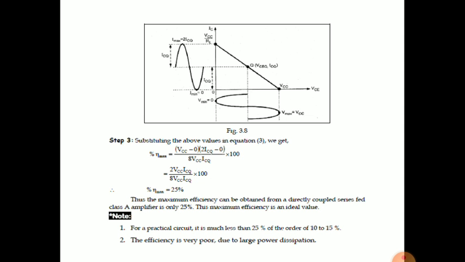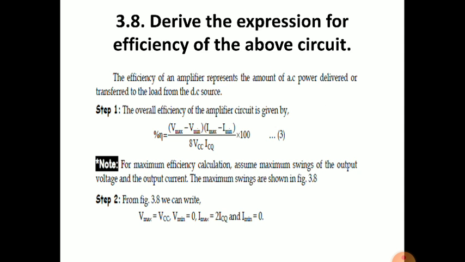ICQ is half of the swing, and Imin is 0. So Vmax is VCC, Vmin is 0, Imax is 2 ICQ, and Imin is 0. Then substitute these values in the above equation 3.